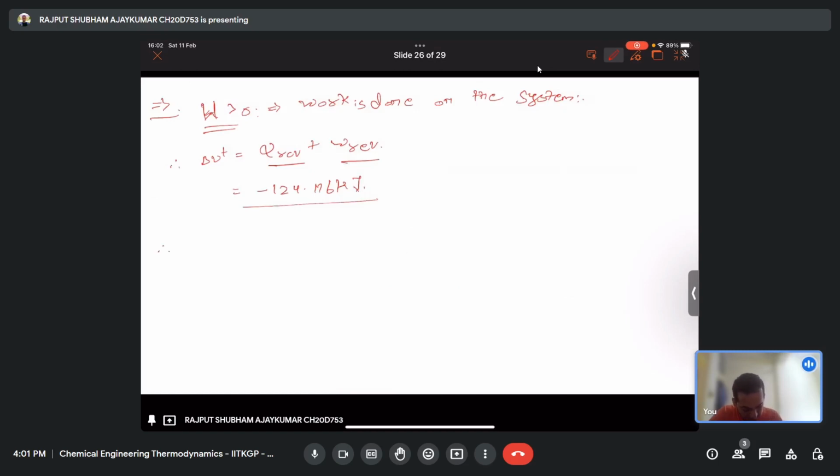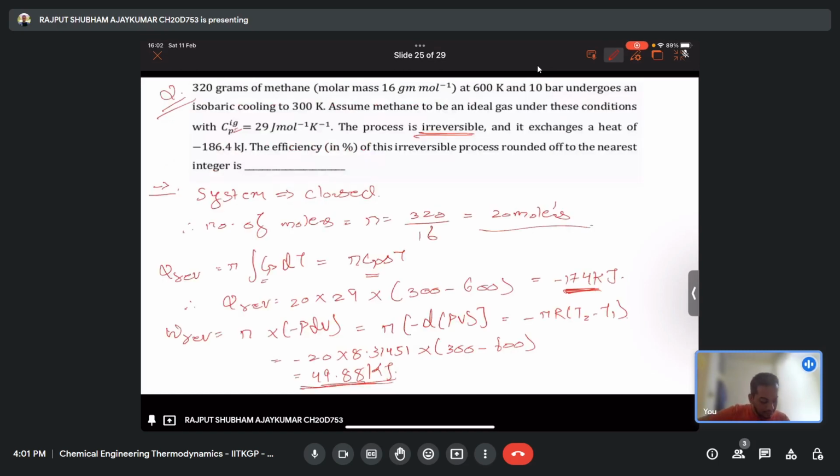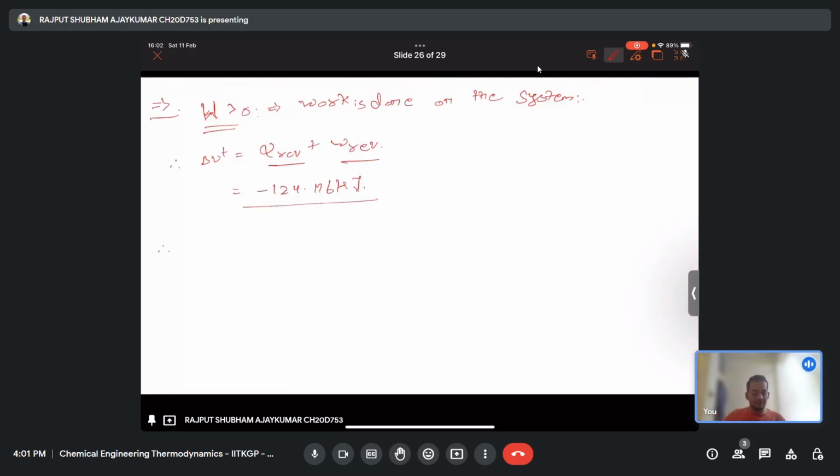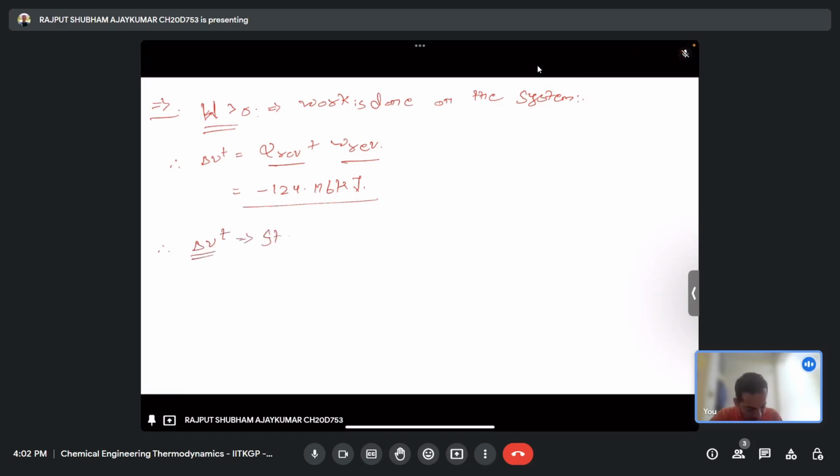Now we need to find out the efficiency of the irreversible process. Till now we are working on the reversible. Another main thing, since internal energy is a state function, it will be the same for both the reversible and the irreversible.